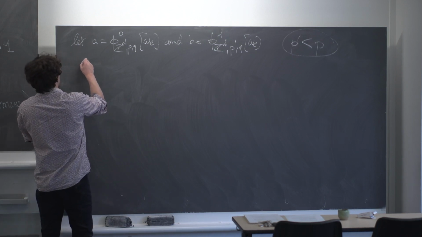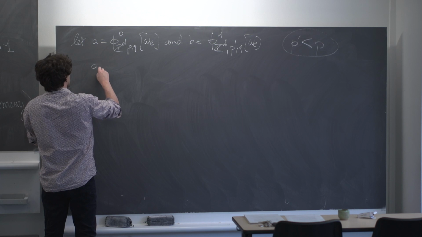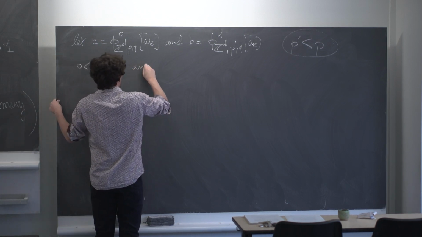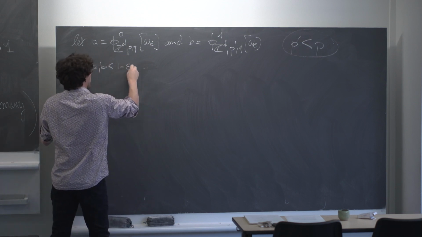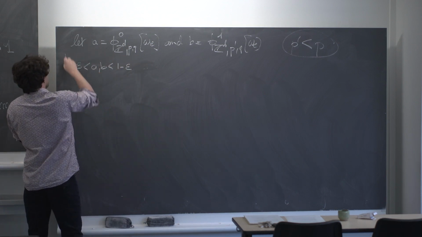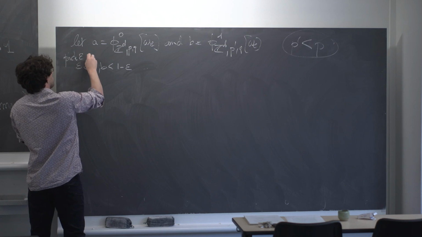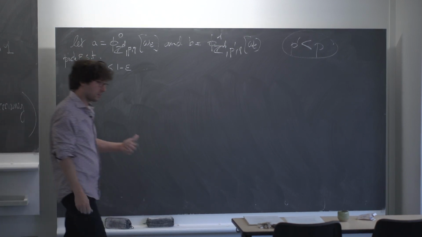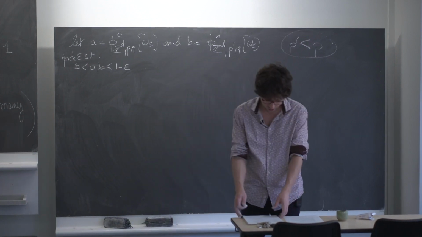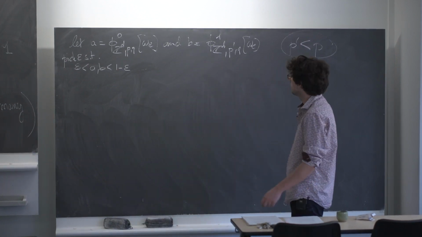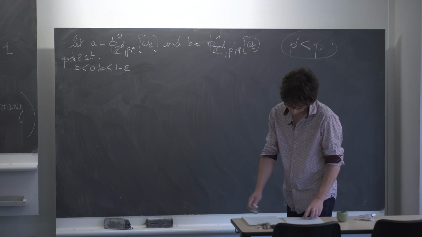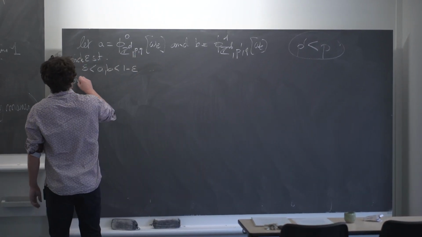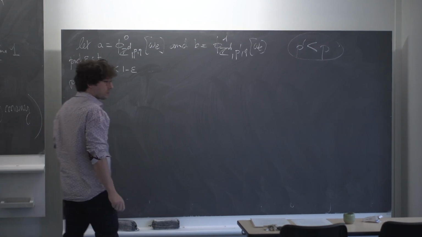So we are going to assume that A and B are strictly between 0 and 1, and in fact, pick epsilon such that you even have that. Okay, so we know they are strictly between 0 and 1, or we assume they are, and we take an epsilon like that. Pick also n, and observe the following.